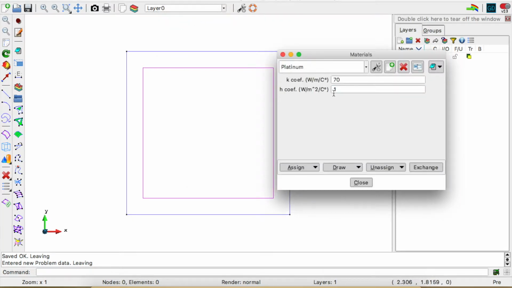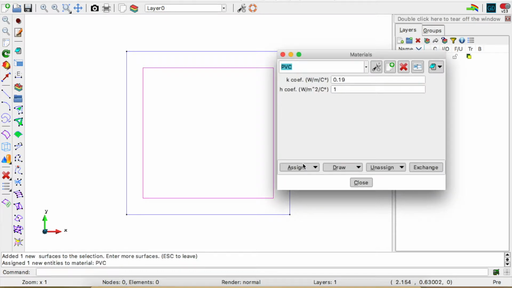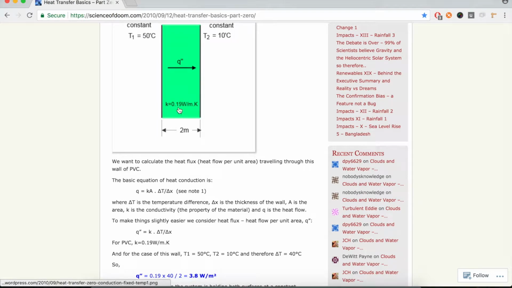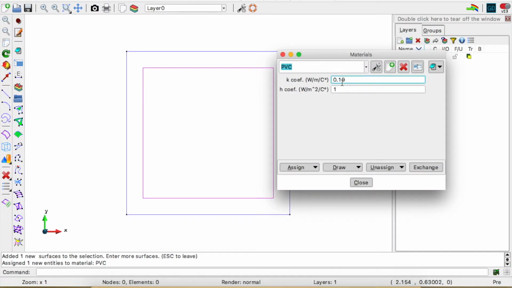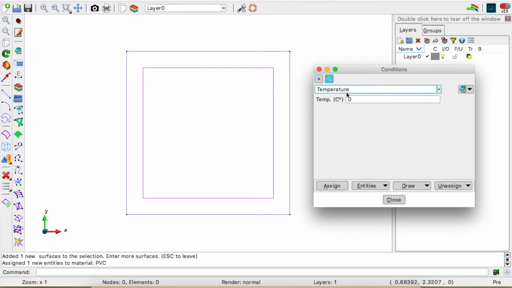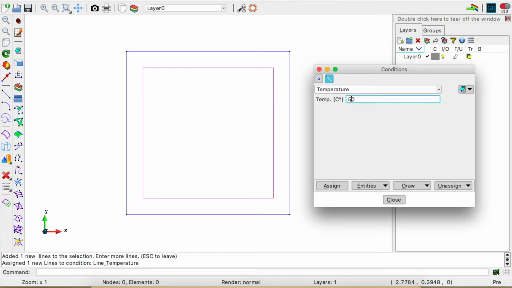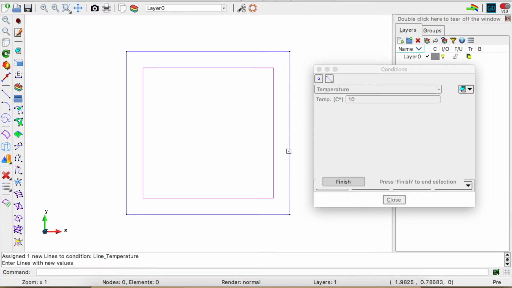Now the material. We can see that the K coefficient matches the one in the problem. We need to set the boundary conditions. 50 Celsius degrees at one side of the wall, and 10 Celsius degrees at the other side of the wall.